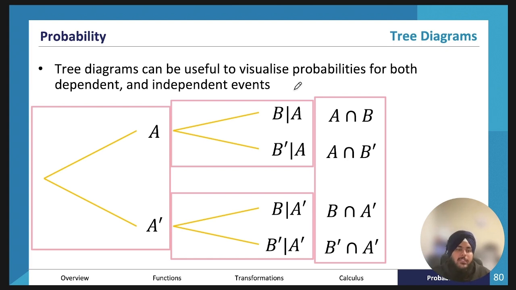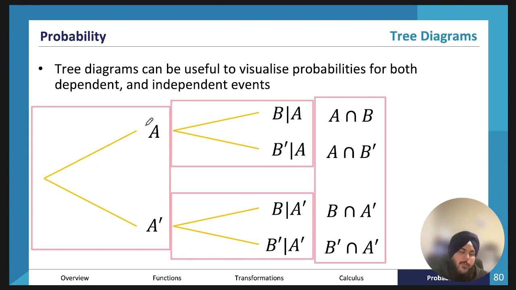Okay, another graphical display of probability is the tree diagram. The way that the tree diagram works is it shows conditional probability. We have two events occurring in a sequence. We can have two or three events occurring in sequence. And it can be used to represent both dependent and independent events.